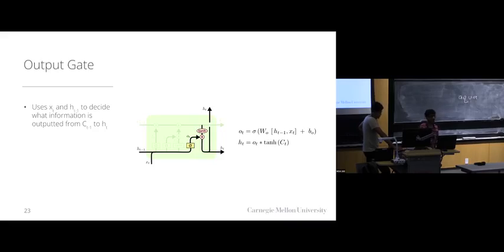So how this is computed is you compute the output gate the same way you computed the other gates, by applying a sigmoid activation function over a single layer with your hidden state and input state, and then you do an element-wise tanh on your cell state, and then multiply the output gate by this tanh applied to the cell state. This essentially returns a part of your cell state through your h sub t.